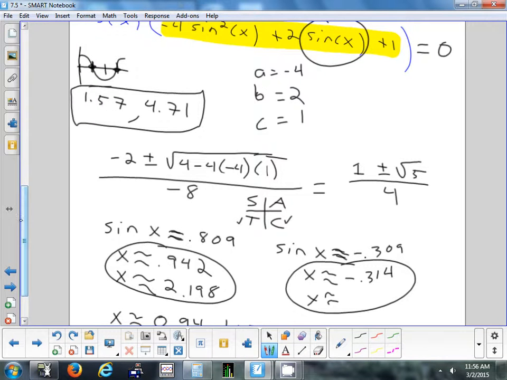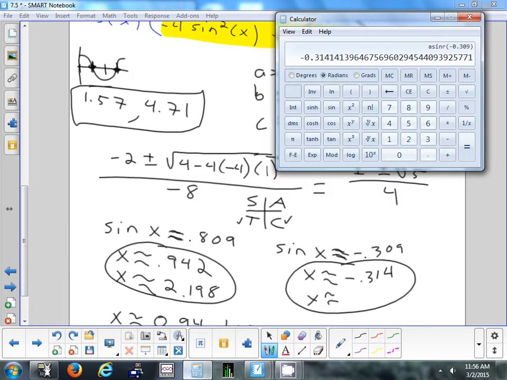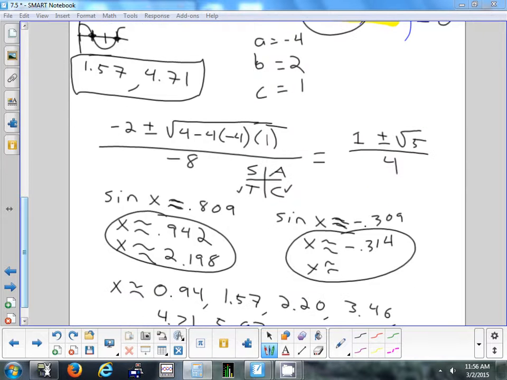Okay, so to get our answer in quadrant 3, take that negative 0.314, and I'm going to add it. You might say add it to 180, but you want to add it to pi, because we're doing this in radians. So take pi and add 0.314. 3.456.